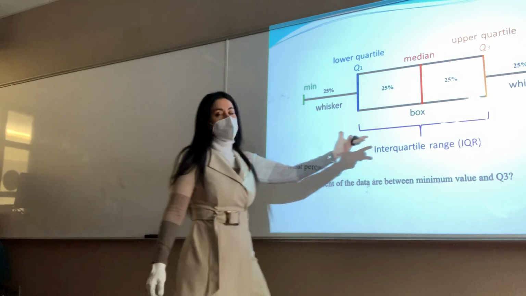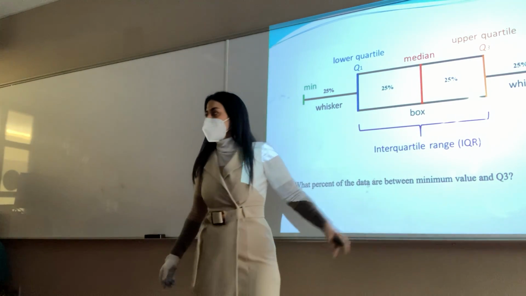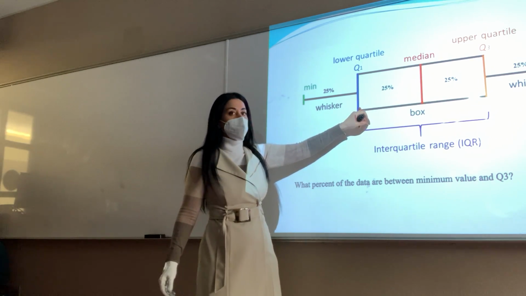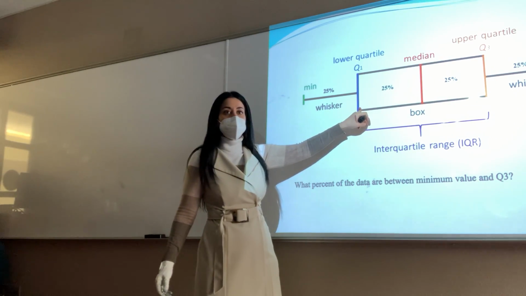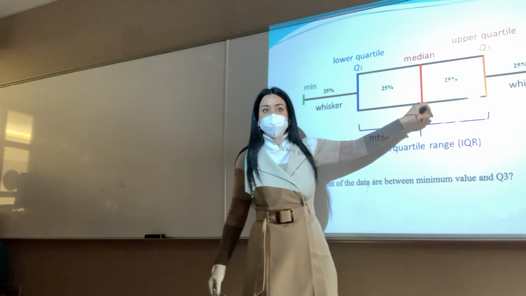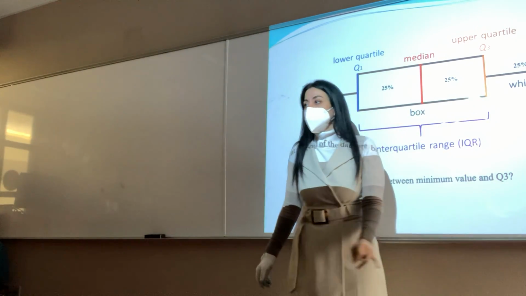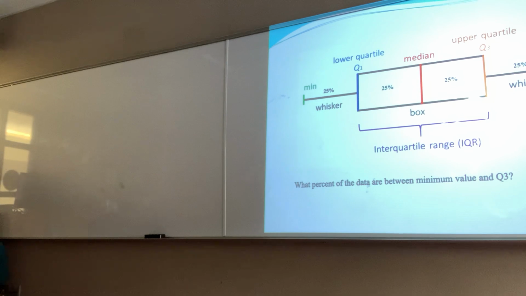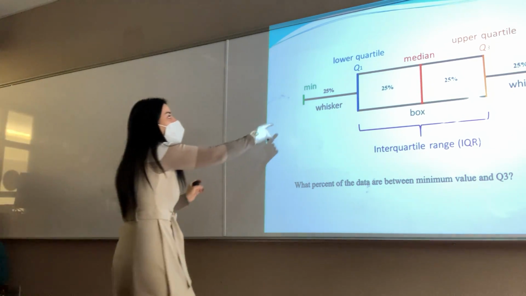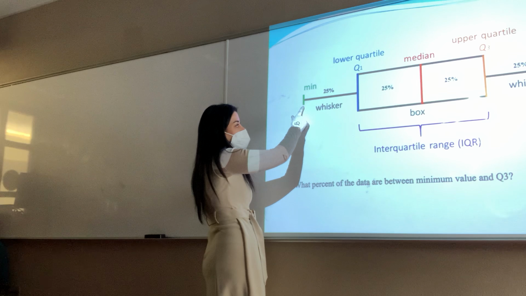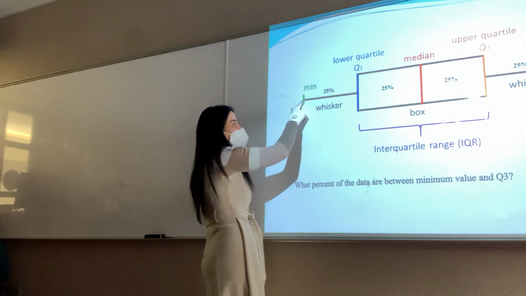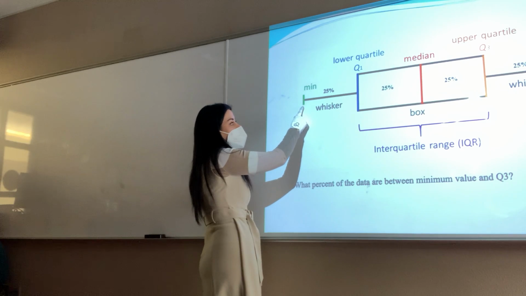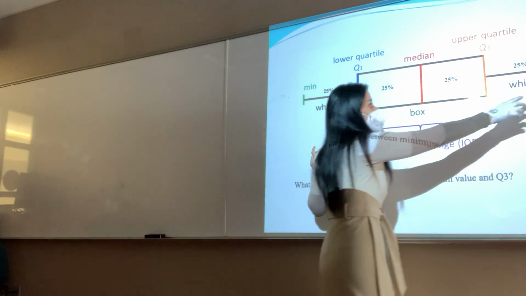We have a box in the middle. The first bar shows the first quartile, the second bar shows the median, the third bar shows the third quartile. And then these two smaller bars, which usually we show with a point, but this is prettier. This is the minimum, this is the maximum.